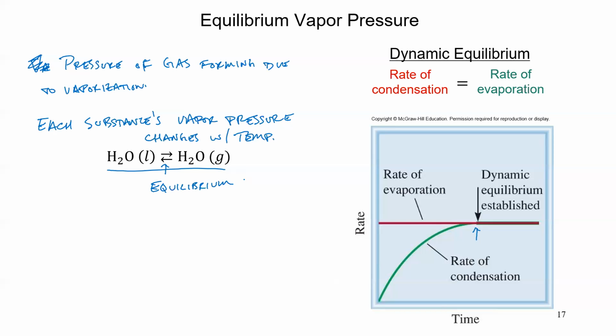We have liquid water going into the gas phase, and we have gas phase water, vapor, going into the liquid phase. Equilibrium just means that those two things are happening at exactly the same rate. Right? And so for every 3 water molecules to become vapor, 3 water molecules become liquid. Right? And so that is happening at the same rate.